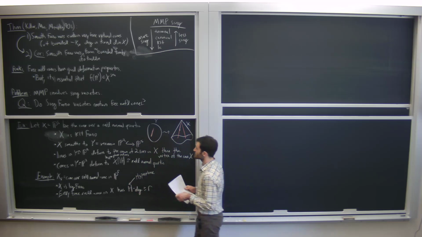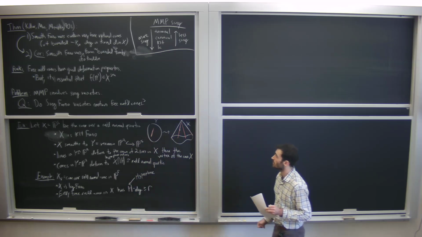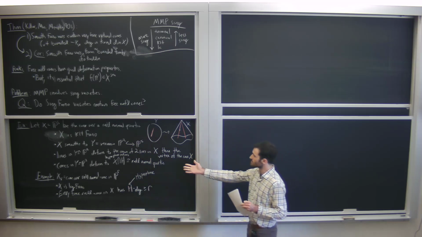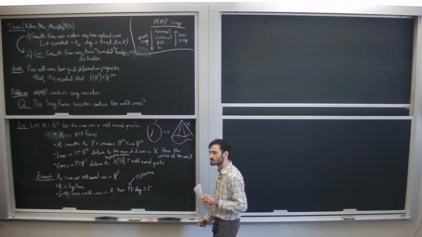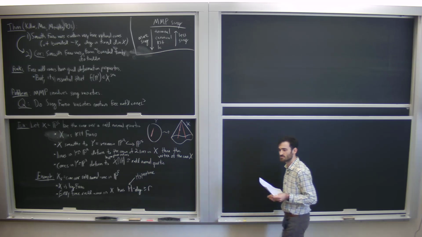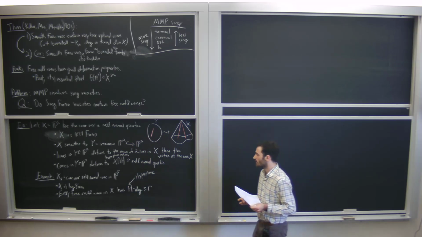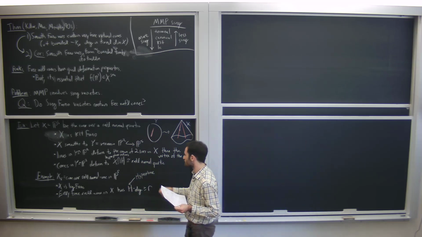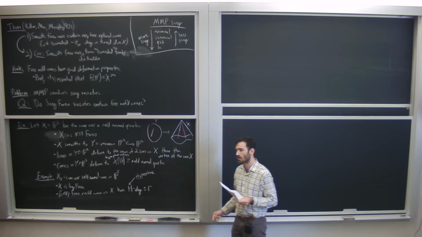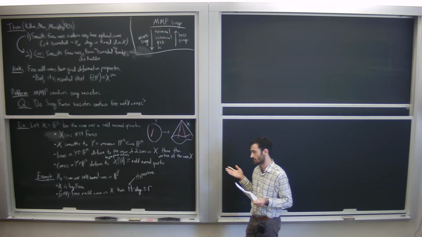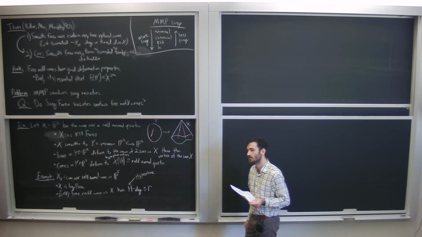And let's contrast this for a second with Kollár, Miyaoka, and Mori's result, right? These X_R are all surfaces, right? Fano surfaces of some kind. But the minimal degree of a free rational curve in X is bounded below by R, right?